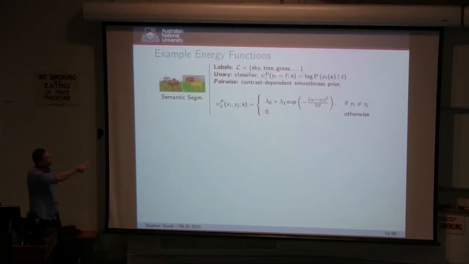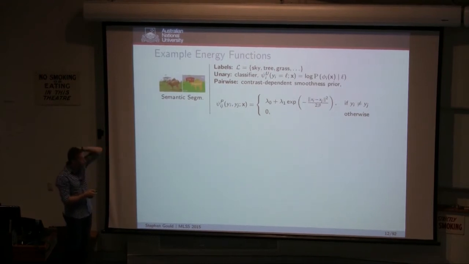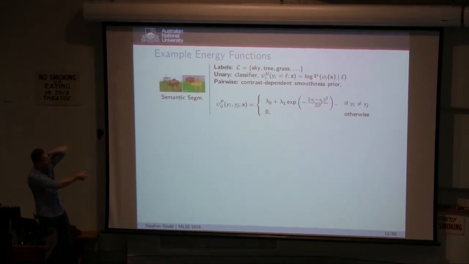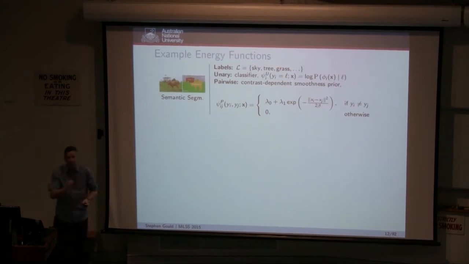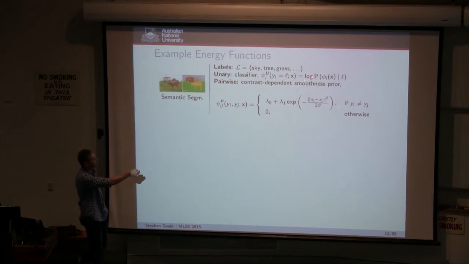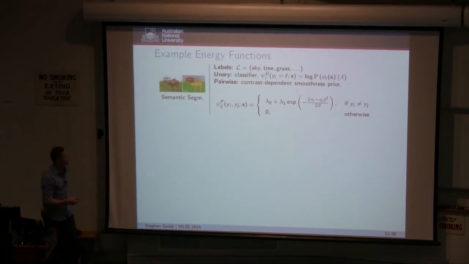And then we're going to define these unary potentials, which we're going to derive from an independent prediction model, so a probability model that we build on predicting independently if a pixel is one of these class labels given the observed features in the image, okay? So for every pixel independently, we can build a classifier that says, how would you classify this pixel given just the features, so the color of the pixels that you see around it? And that goes into our unary potential. We have to take the log because the energy function works in log space.